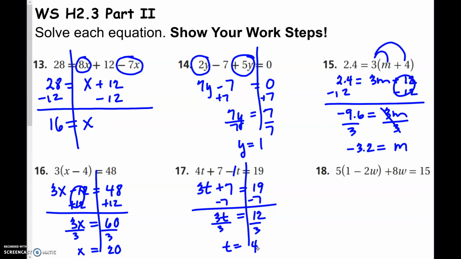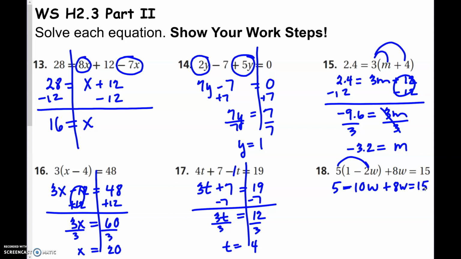All right, number 18, looks like we have that distributive property right away. So 5 times 1 is 5. 5 times negative 2w is a negative 10w. And then we still have our plus 8w, and that equals 15.